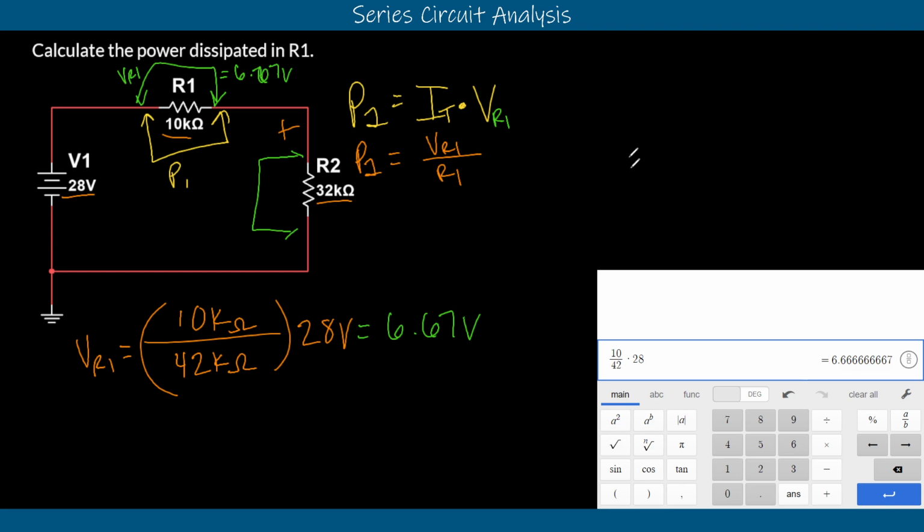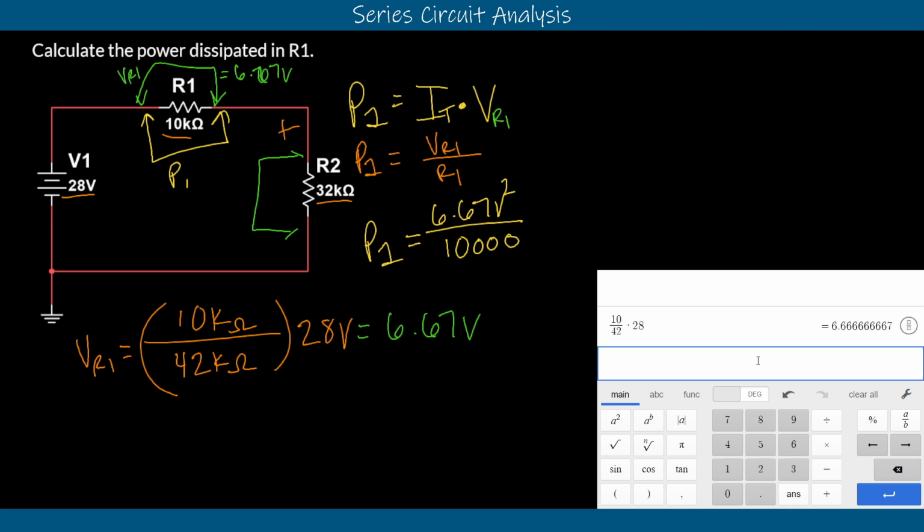We're looking for the power drop across R1. So now that we got all this, we can go back up to our power law and say that power 1 is equal to Vr1, which we know, right? We just found that at 6.67 volts. We can divide that by the resistor R1 that we know also. R1 resistor is 10,000. So we'll do that.